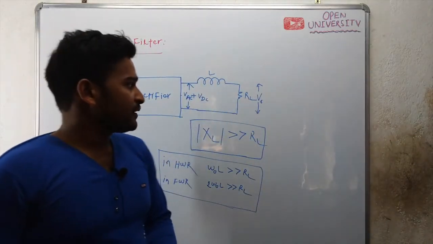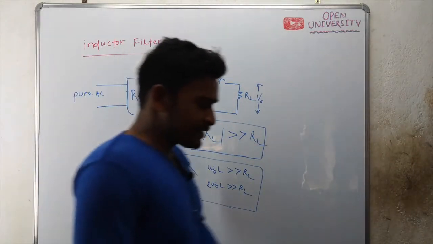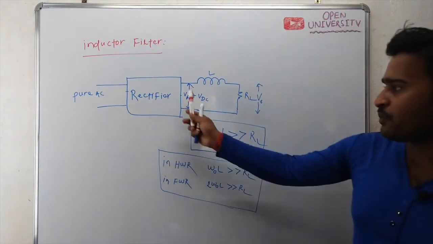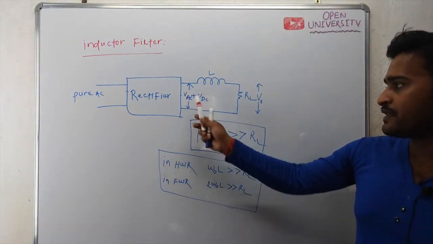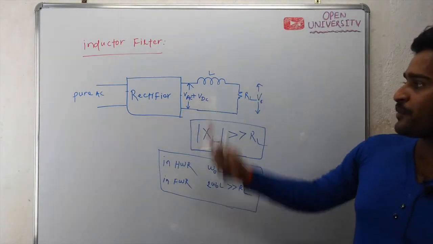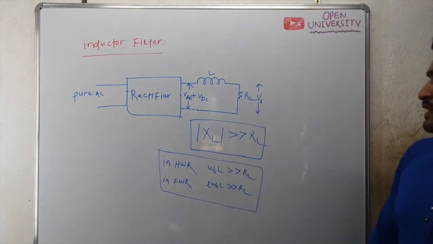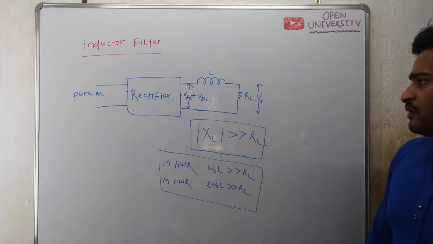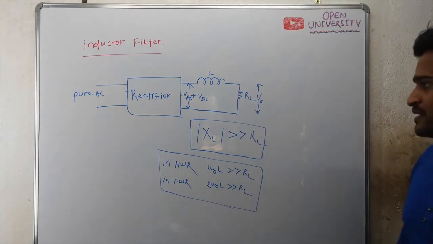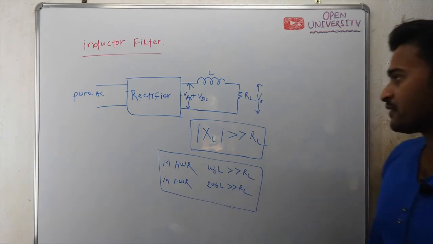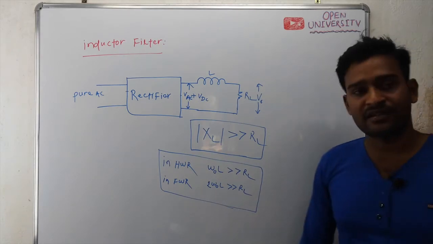So take one point. AC component will almost all appear across the inductor, because its reactance is greater compared to RL.